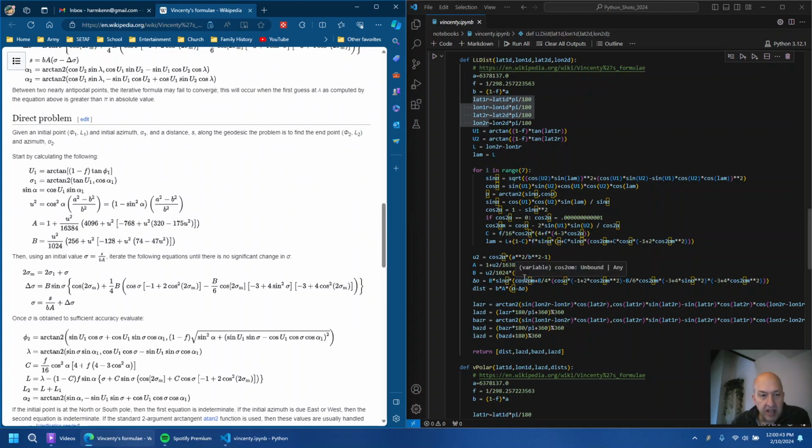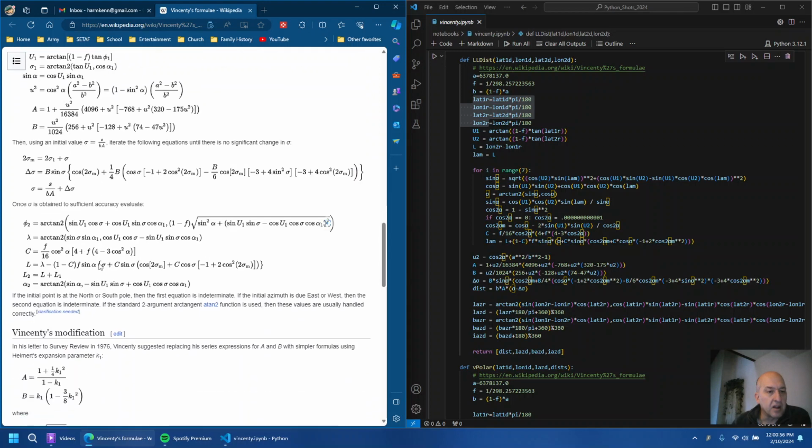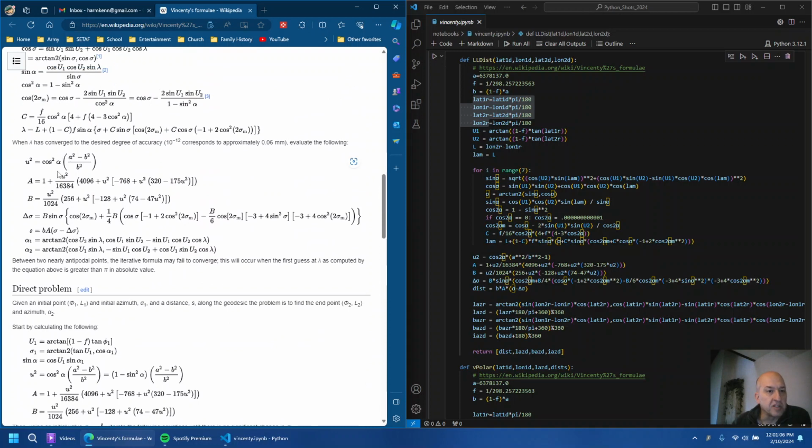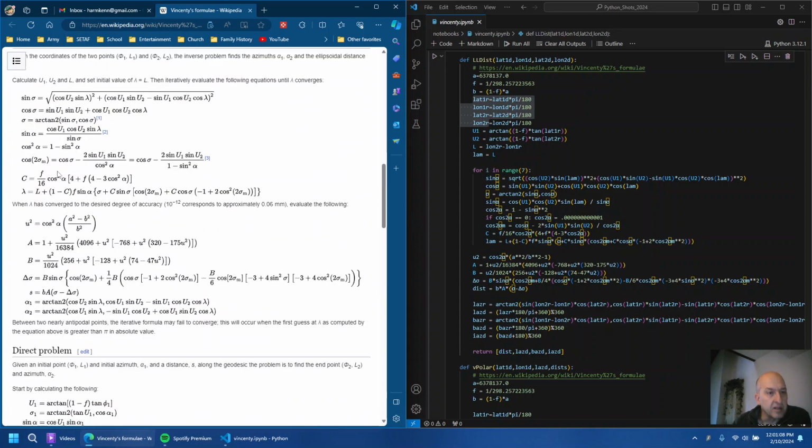And big B, and then we have the change of sigma, the 2 sigma m, is those 2 things added together. Our initial sigma, let's see, where are we?